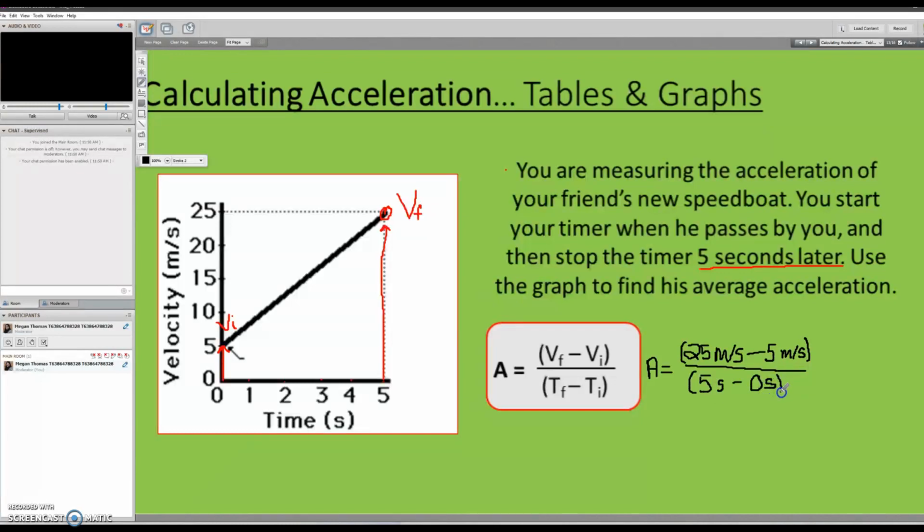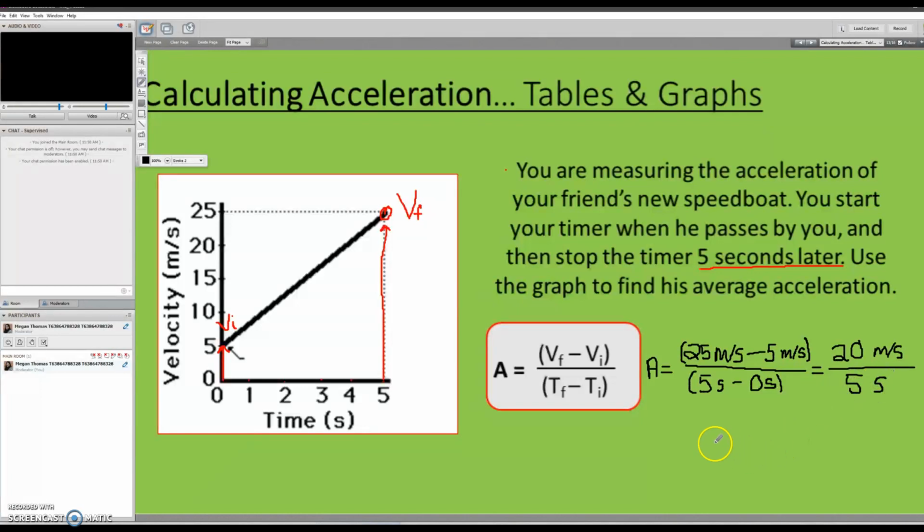And now I'm able to divide this difference in velocity and in time. 25 minus 5 is going to give me a total of 20 meters per second. We're running out of space here. Holy guacamole. Okay, and we are going to divide that change in velocity by the change in time. 5 seconds minus 0 seconds is going to give me a time of 5 seconds.